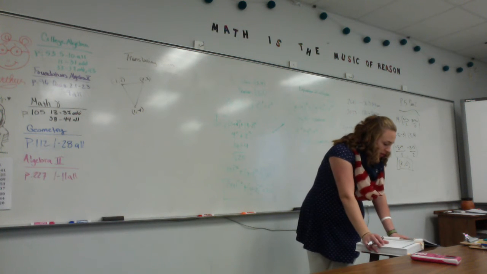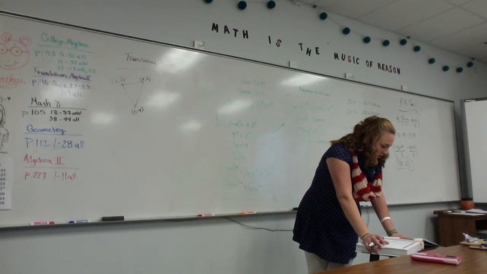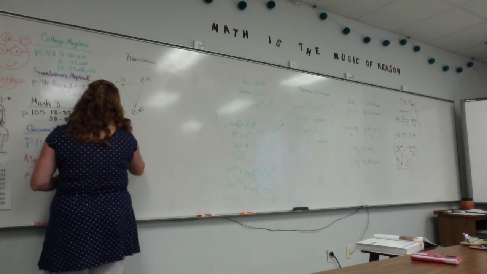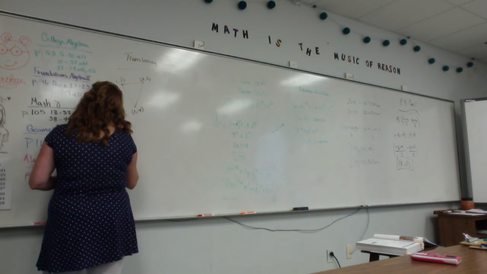Shift the triangle 3 units to the right and 2 units upward, and find the vertices of the shifted triangle. So they want to go 3 units up, 2 units to the right.